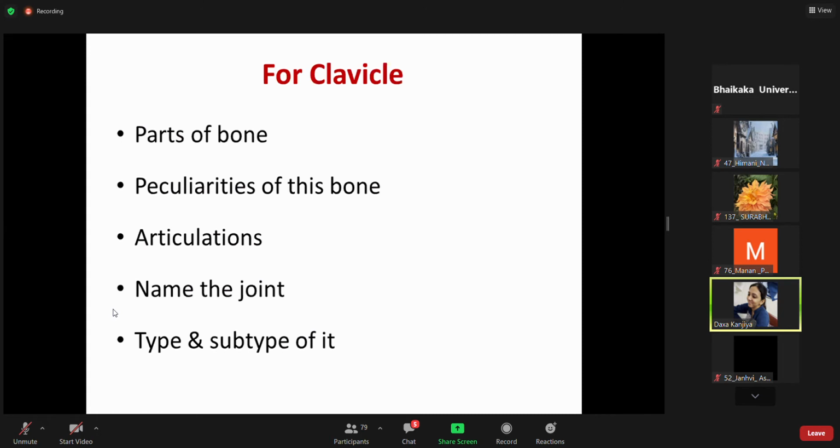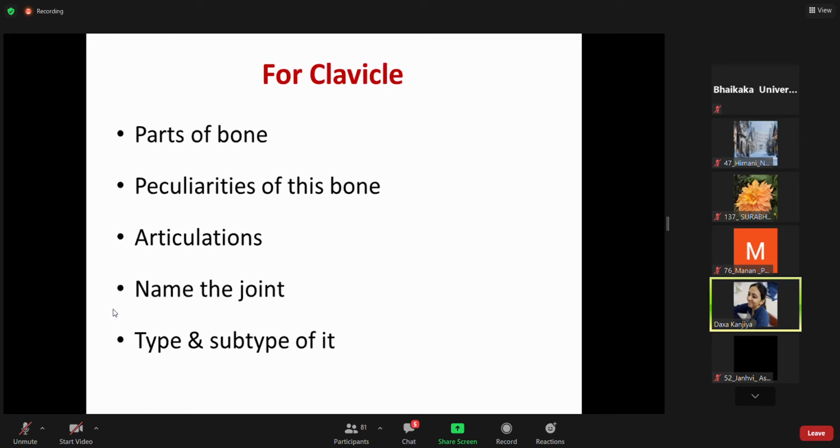So the bones of the upper limb include clavicle, which forms the shoulder girdle, humerus, radius, ulna, and articulated hand. Right? You have already learned the revision class of bones of the lower limb.